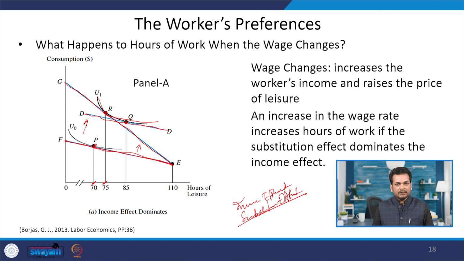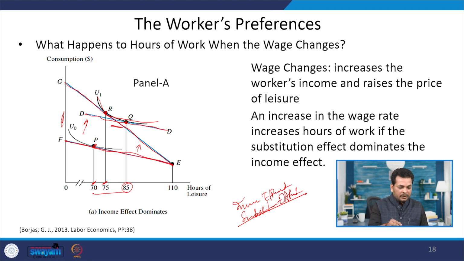As the income increases from 10 to 20, the worker should have consumed leisure of 85 hours, but simultaneously he finds that leisure is very expensive to do the trade off. So, he substitutes work for leisure consumption.